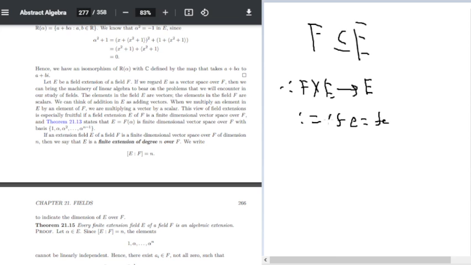It's weird to write, but it's technically (f, e) goes to fe if we want to write it in this completely abstract notation, which lets us treat E as a vector space over F. So we can write this as E is an F vector space.